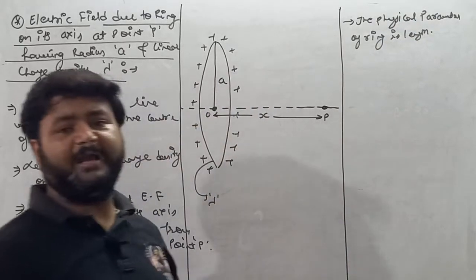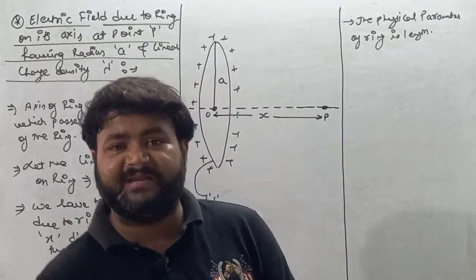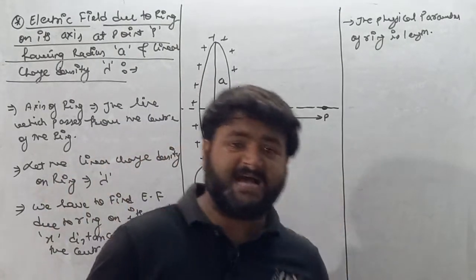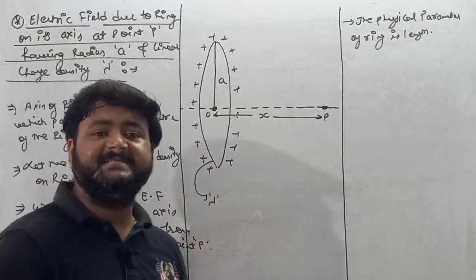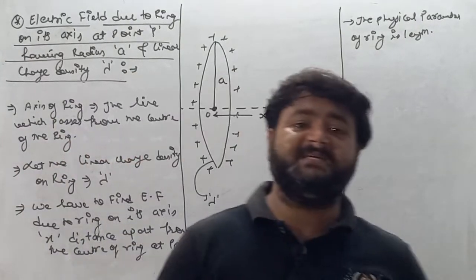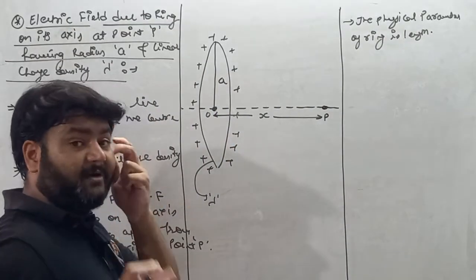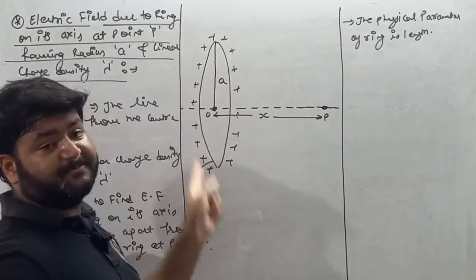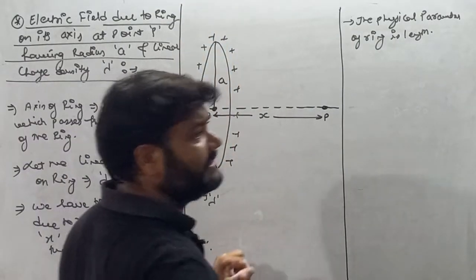So from this point it's clear that if the physical parameter of ring is length, then its charge is present on its length, and we'll consider linear charge density, that is lambda, which equals charge per unit length. So we know now that the charge on the ring is present on its length, and we know that ring is a continuous body.